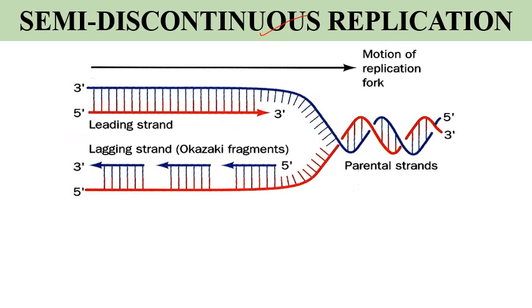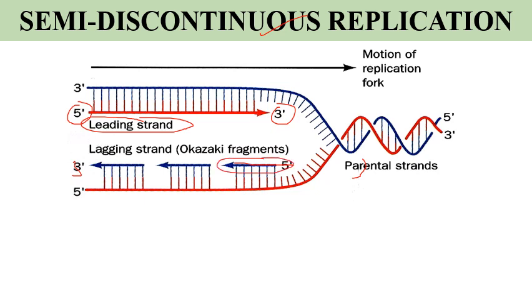Next, DNA replication is semi-discontinuous type. It means in one strand it is formed continuously, and this strand is known as leading strand, while in the other strand, where the parental strand is oriented in the opposite direction, it is formed in fragments.